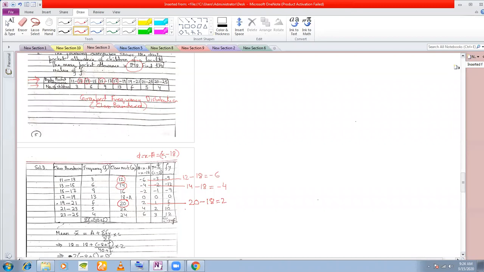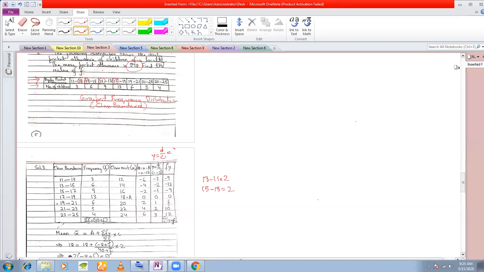Once we have calculated the deviations, now we calculate y, because I have done it by step deviation method. The next column that you make will be for y, deviations divided by class width. What is the class width here? 13 minus 11, which is 2, and 15 minus 13, class width is 2.